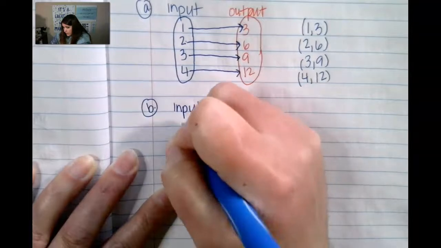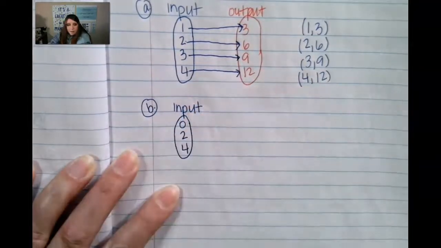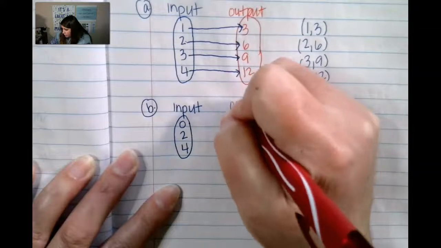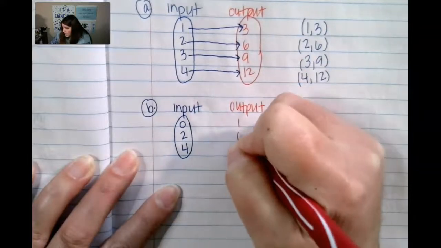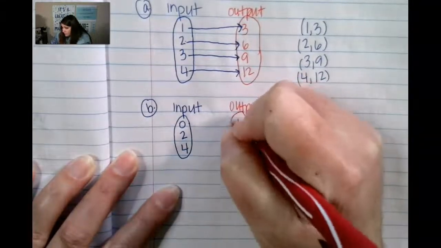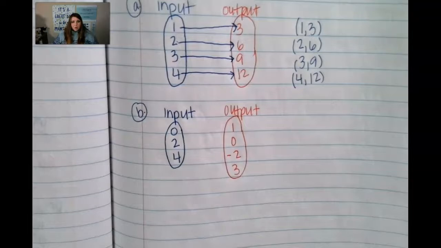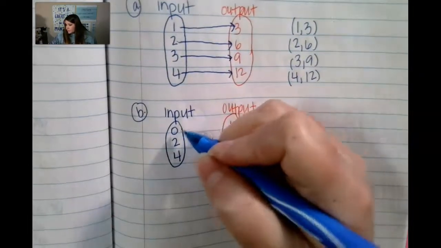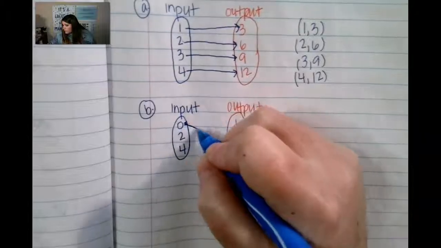The input is 0, 2, and 4. The output is 1, 0, -2, and 3. And then the arrows that are drawn like this. 0 matches to 0.